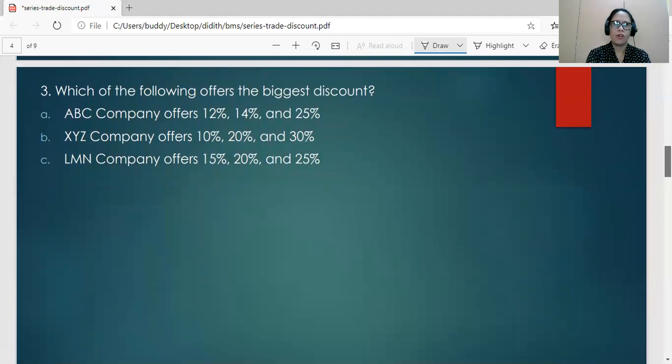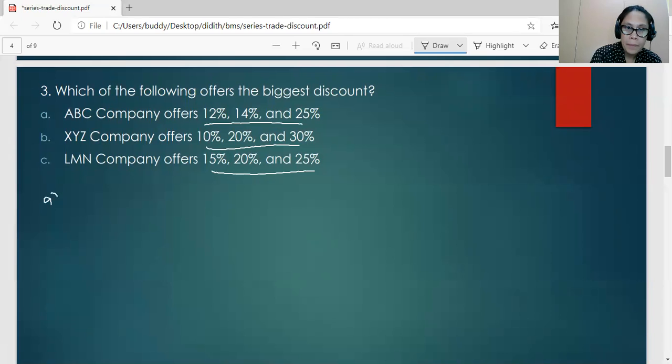Which of the following offers the biggest discount? Okay. So of course, we're going to calculate the single discount rate of each. So for A, this is 1 minus the product of the 3, no? 1 minus 0.12, 1 minus 0.14, 1 minus 0.25.